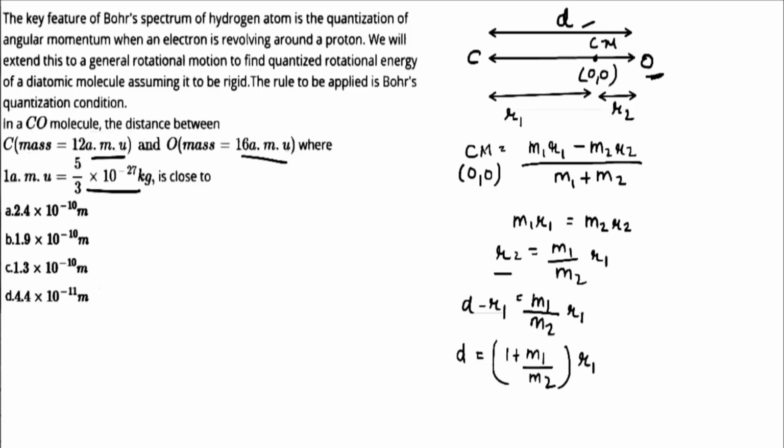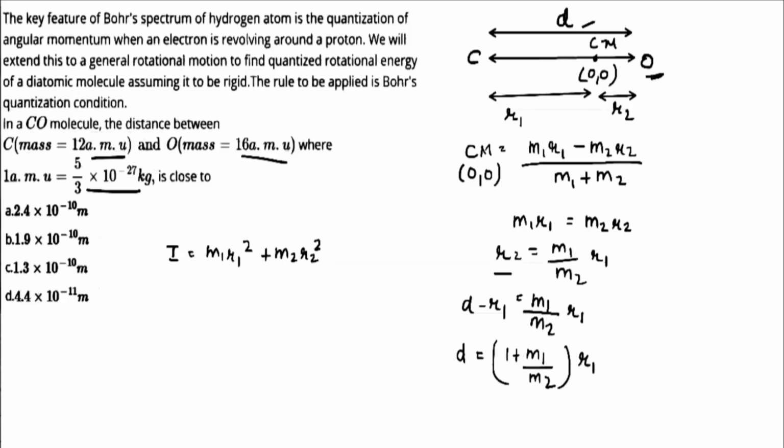Now we have to find the moment of inertia. For that we can write that I is equal to M1 R1 square plus M2 R2 square.